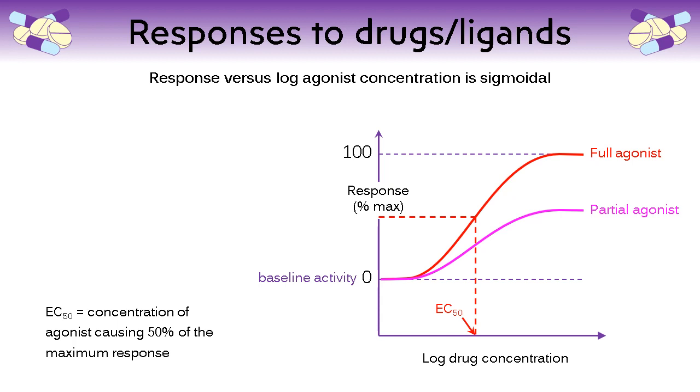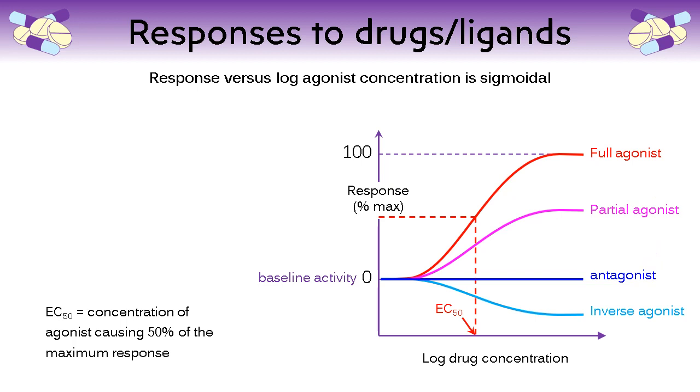There are even agonists that produce a response in the opposite direction. That is, they reduce the baseline activity of the receptor below 0%. This type of drug or ligand is known as an inverse agonist. Although it inhibits activity, an inverse agonist is distinct from an antagonist, which inhibits binding of an agonist but does not produce any response itself.